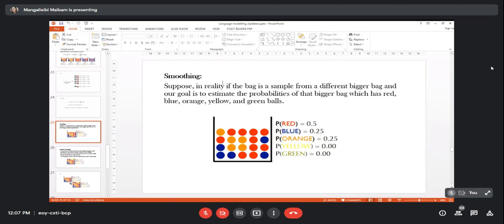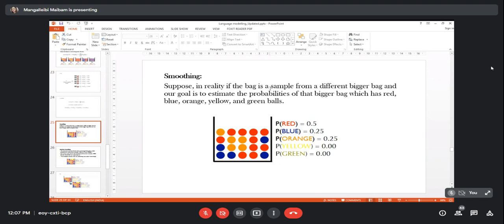Suppose your bag, your collection, is a sample from a different, bigger bag. So if our collection is taken out from another bigger collection, for this example we are just taking it as a bag.